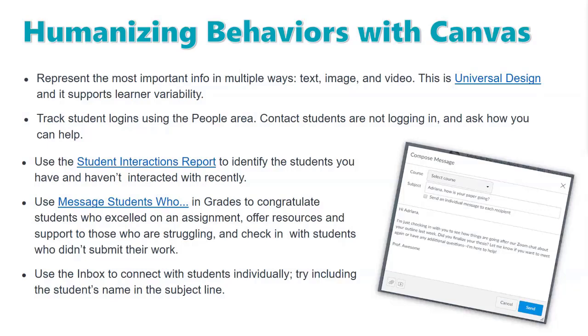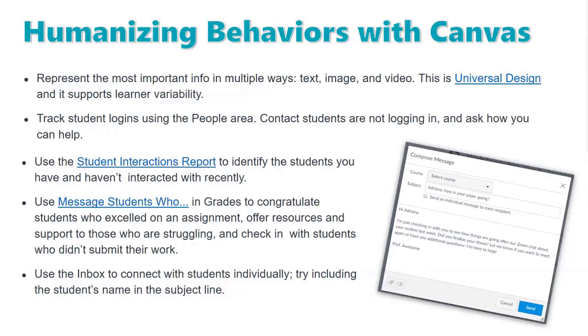Or maybe there's a student who turned a paper in late last time, and you just want to check in with them before it's due this time to make sure that they plan on turning it in on time, that they're on track, see if they have any questions. Using the name in that subject line is most likely going to grab their attention. And so they'll open it right away. You're much more likely to get a fast response.